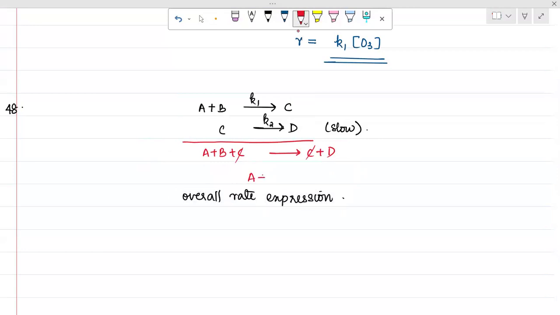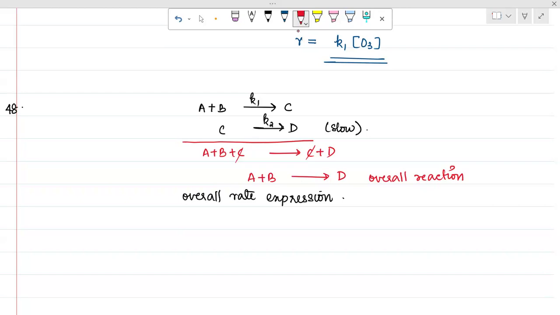So my overall reaction is A plus B giving D. A, B, and D are stable, while C is the intermediate over here.